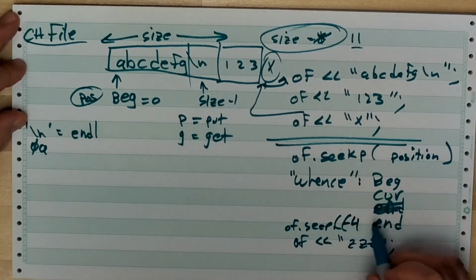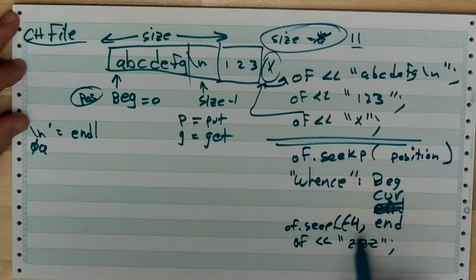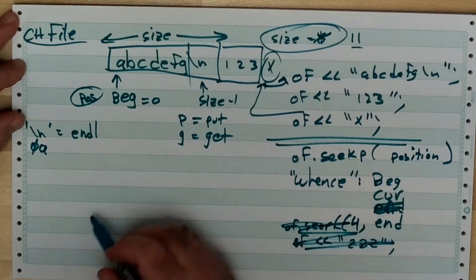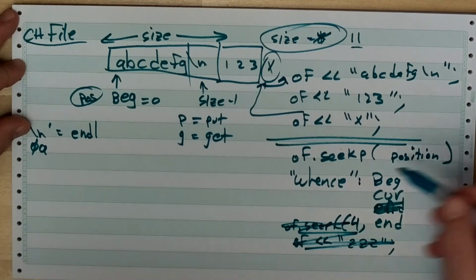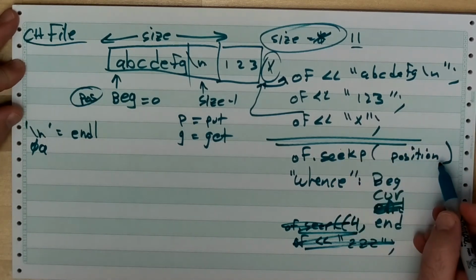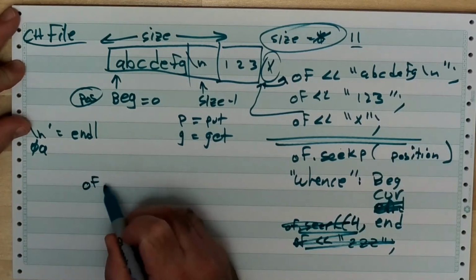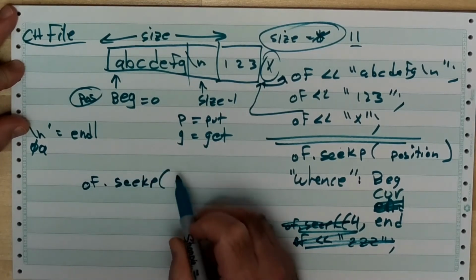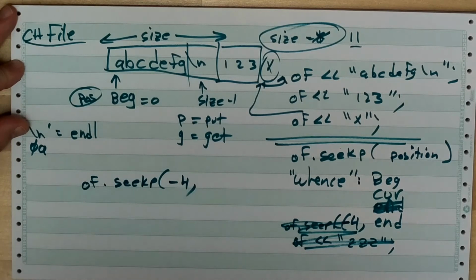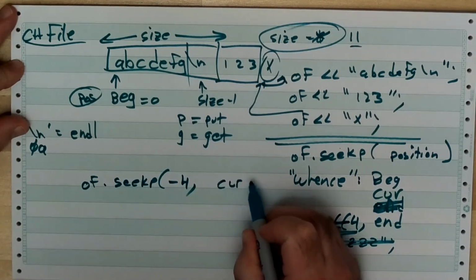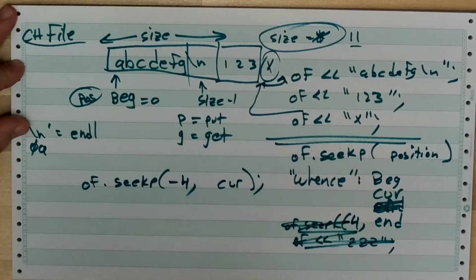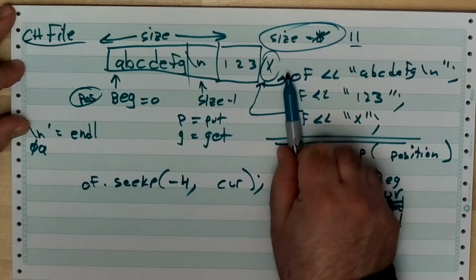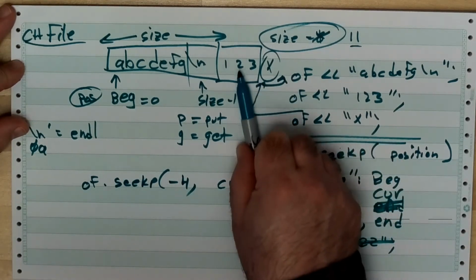-4 from... Oh my gosh, I'm out of margins here. Give me some more room. So after this one here, or in lieu of this one here, what I'm saying is output file dot seekp, maybe -4 from the current position. Right, at this point it would be here. So we go 1, 2, 3, 4 in the negative direction.